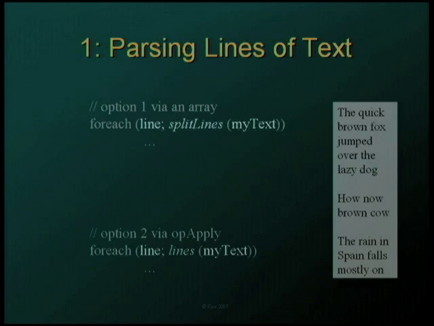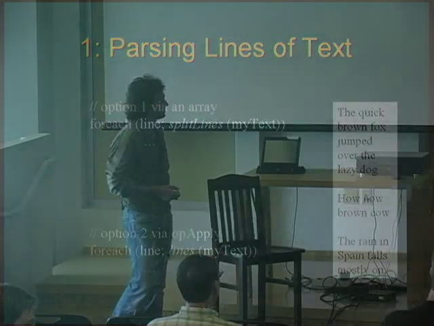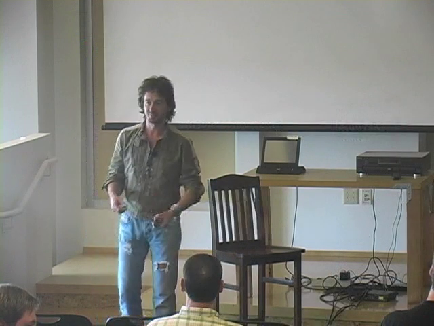So the foreach is iterating for each line. It's exposing a line for each of the elements here. Now, the interesting thing about this particular function, different from the traditional split lines above it, is that it actually returns a structure which has an opApply in it.